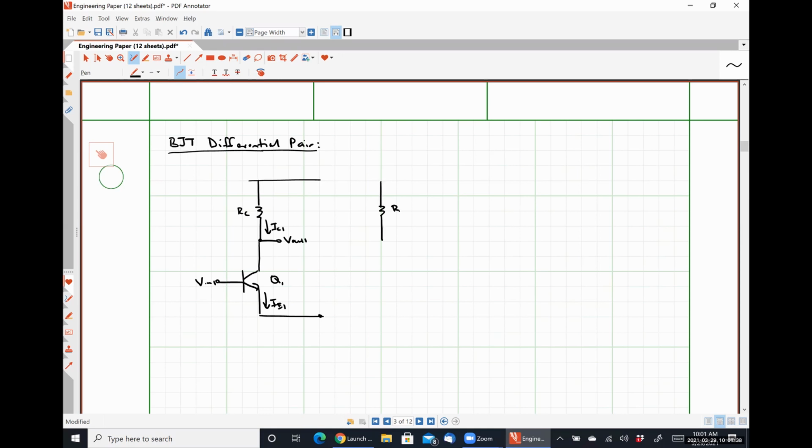Here's Vout2. Here's VCC. Here's IC2. Here's IE2. Here's VN2. So far we have the exact same thing that we had a moment ago.